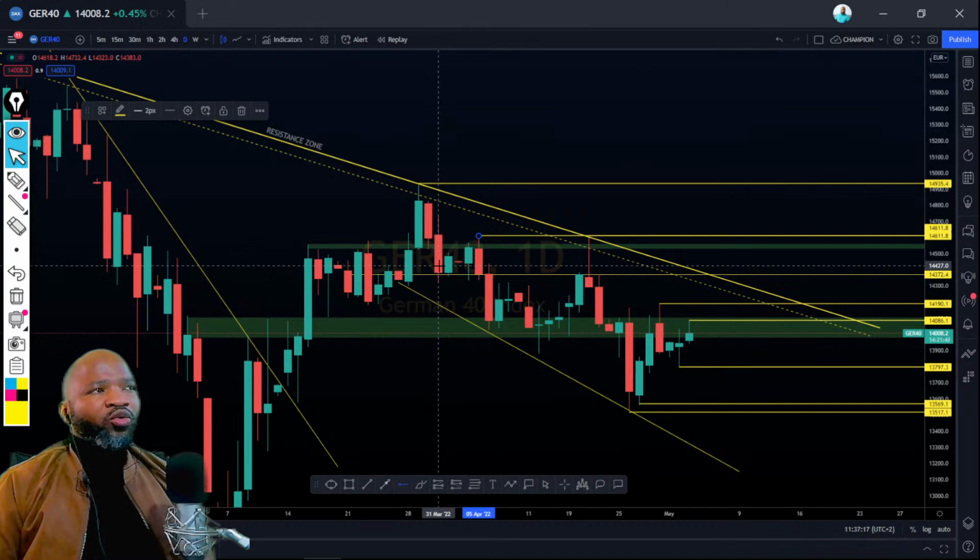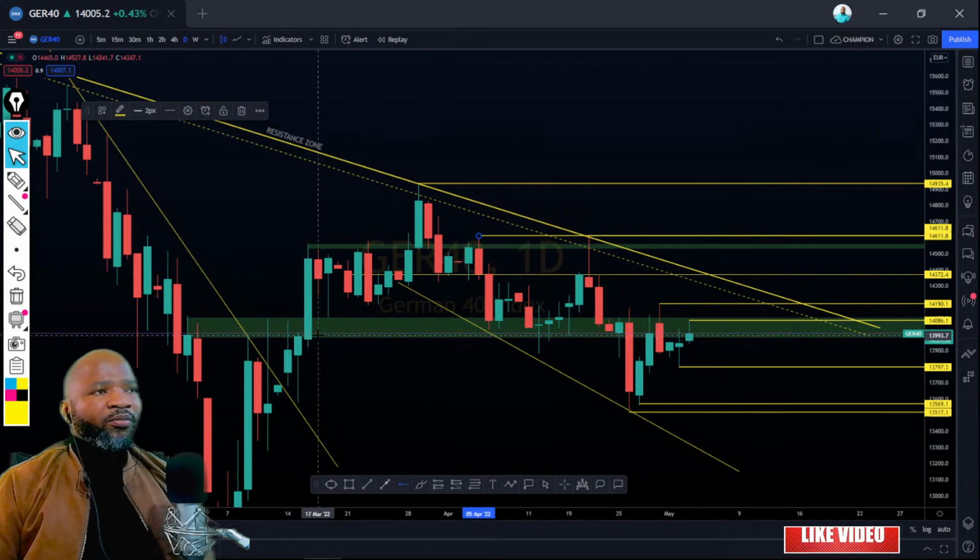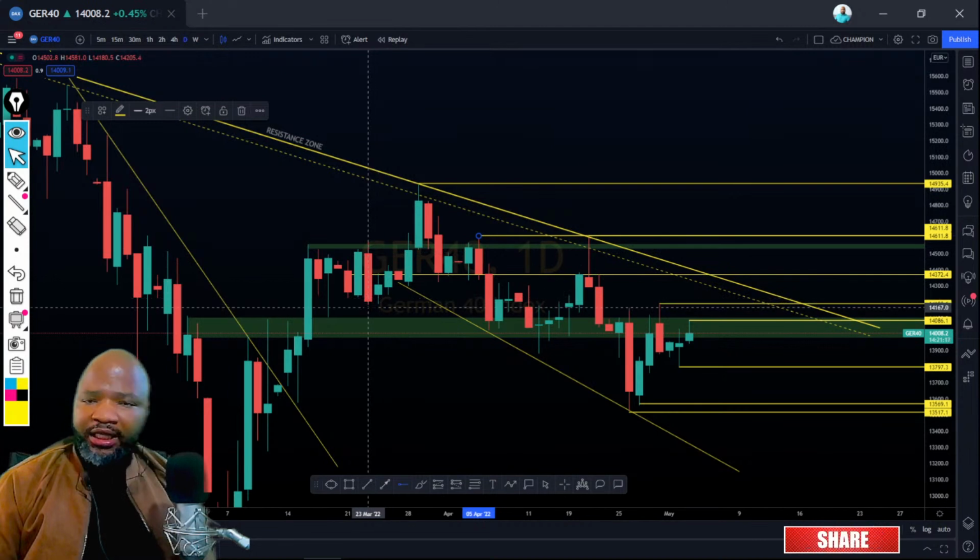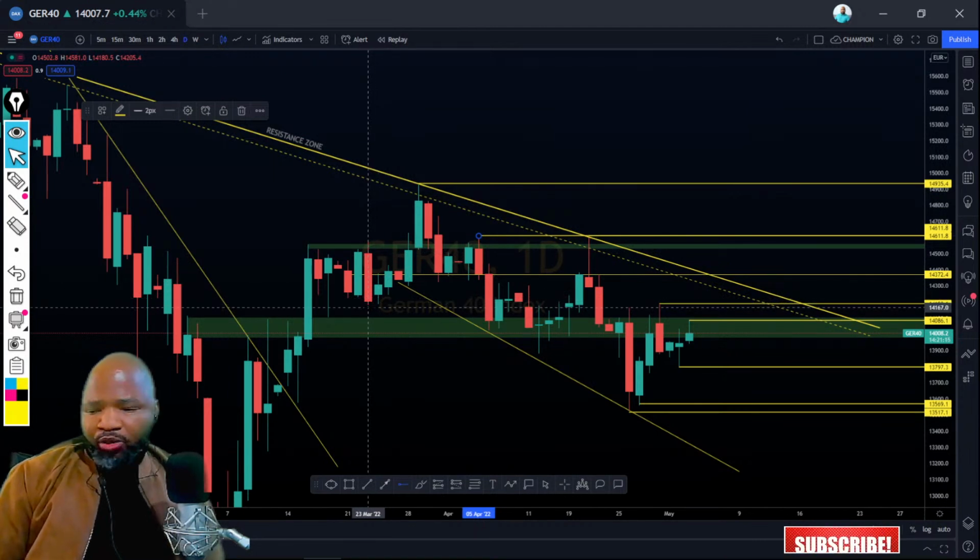Remember, with the bullish candlestick, the opening is from this area, let's say just down there. That's where the bullish candle opens and pushes towards the upside, and this is where it closed. And with the bearish candlestick, that's where it opens and pushes towards the downside, and it closes at that spot right there.